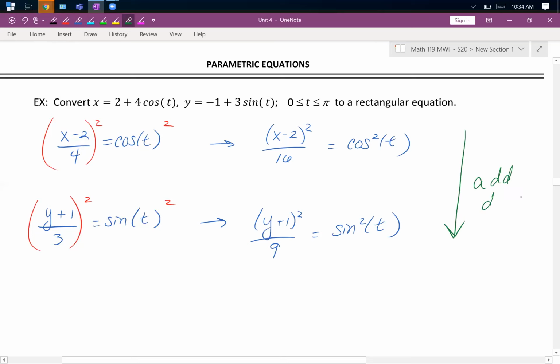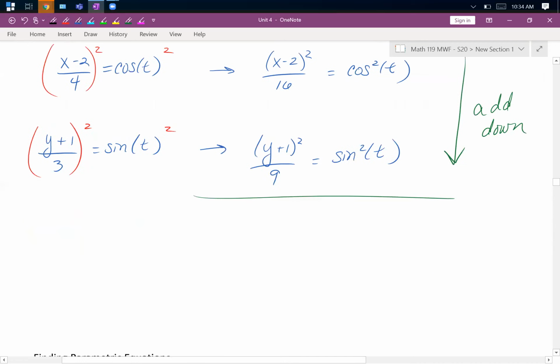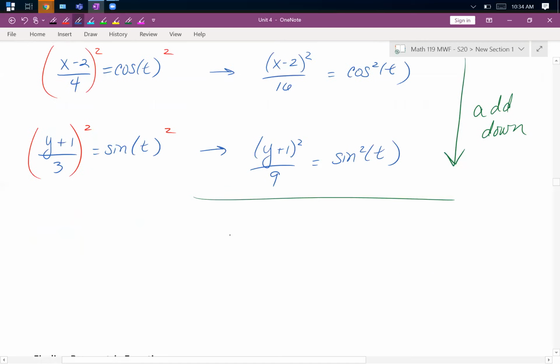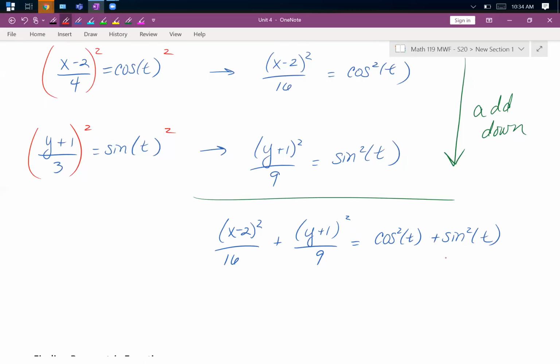We're going to add down. Gives us (x minus 2) squared over 16 plus (y plus 1) squared over 9 equals cosine squared plus sine squared. Here we have our Pythagorean identity equaling 1.